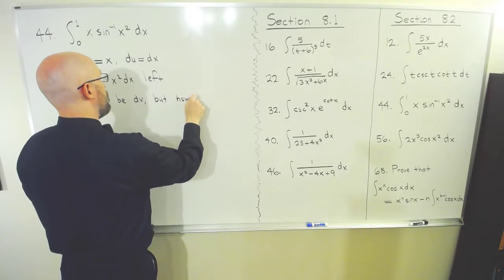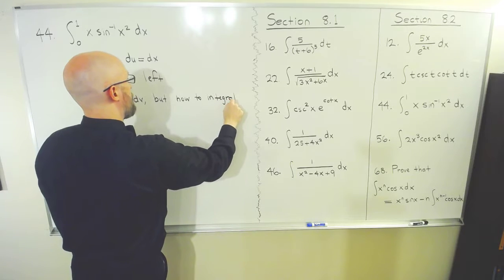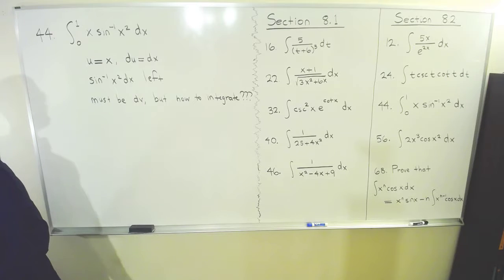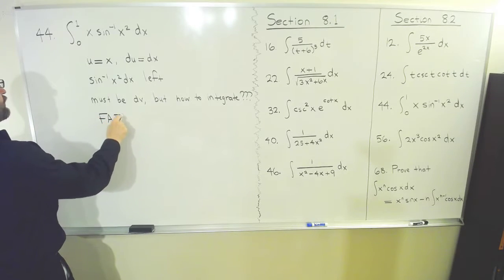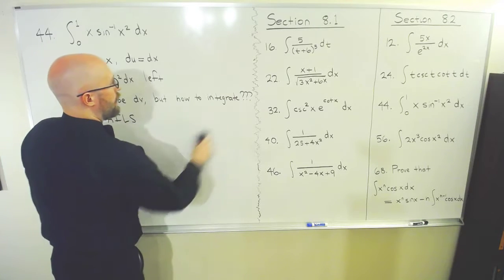You'd run into trouble. It's not obvious how to integrate this. And so this is not a good method, so this fails, to try to do it directly like that.